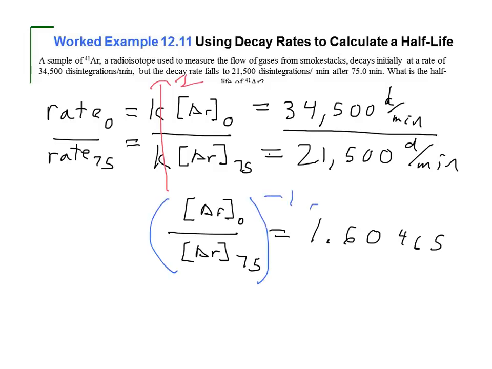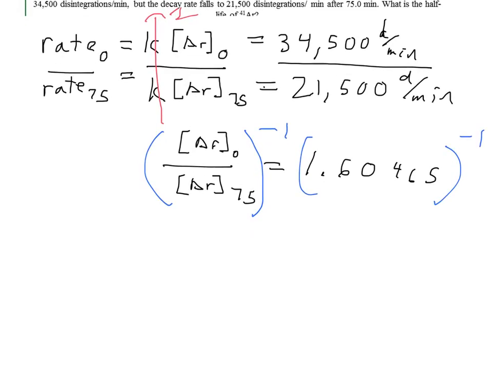Let's take the multiplicative inverse of both sides of that equation. When I do that, it gives me the fraction of argon remaining, right?